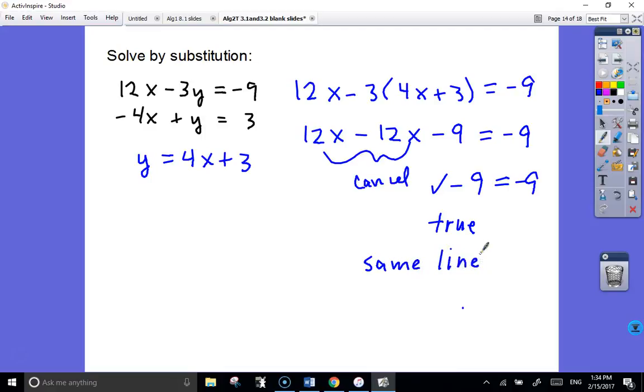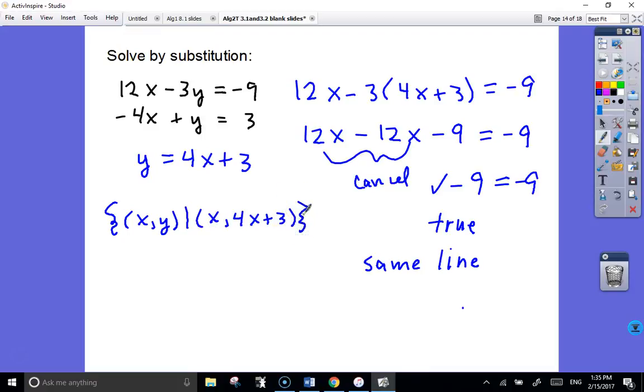I don't know how they show the answers in the back of the book for this. Sometimes in these textbooks, when they get a same line situation, they might use this set bracket and say the set of all x, y, and then you use this vertical line, you read that like "such that," and they're of this form, x, 4x plus 3.